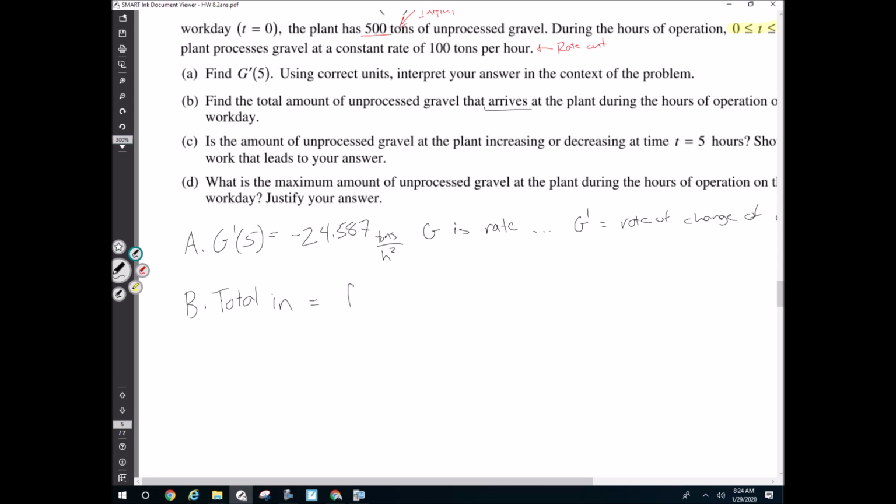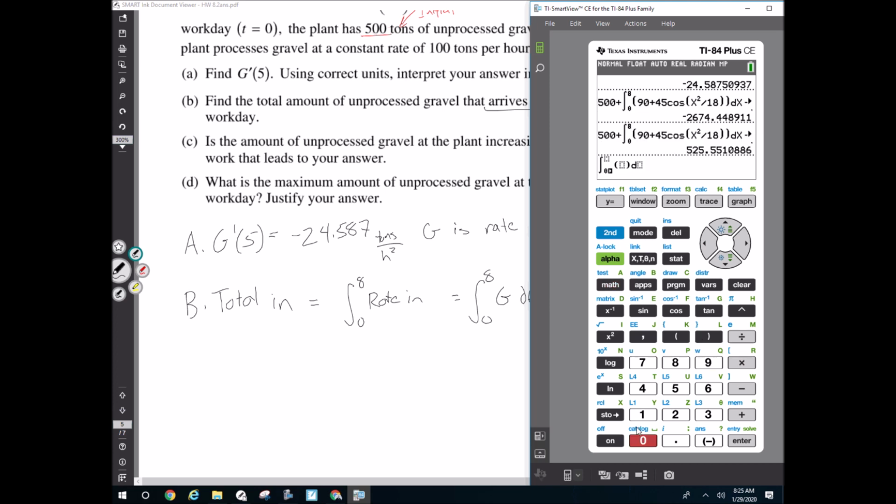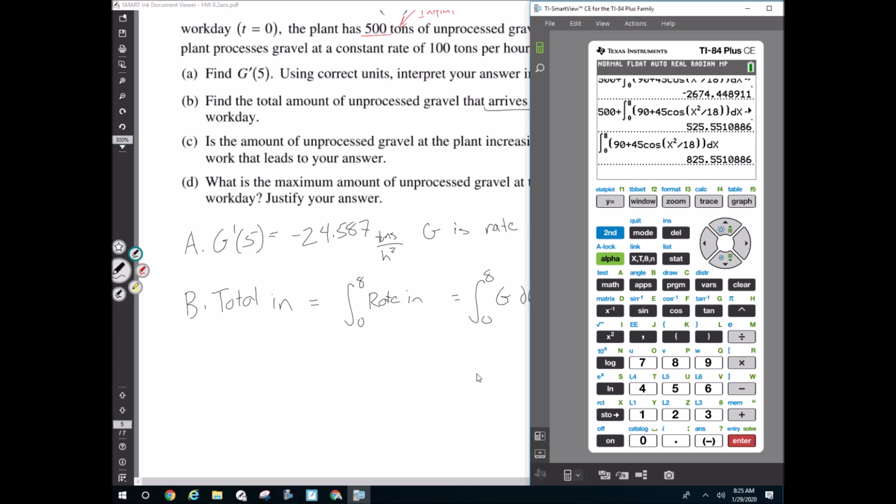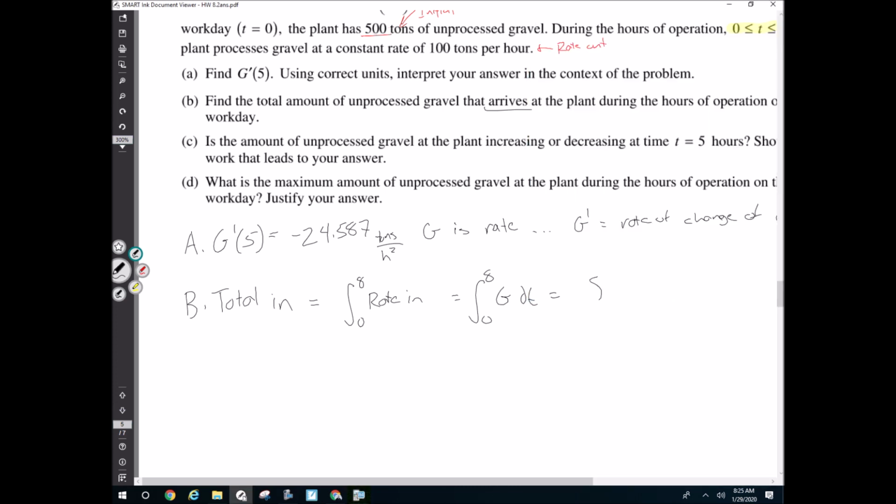Total in would be the integral from 0 to 8 of your rate in, which is the integral from 0 to 8 of g, 90 plus 45 cosine of t squared over 18, close parentheses for the cosine, dt. That gives 825.551 tons.